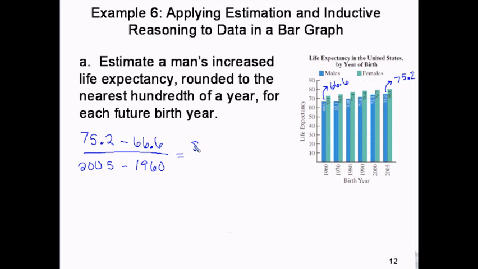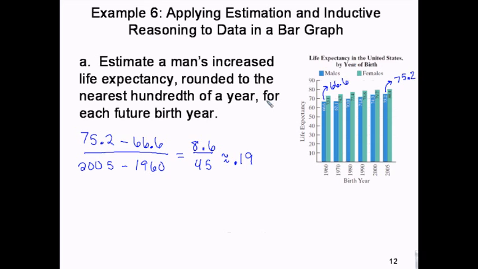That's going to give me 8.6 over 45. So a man's life expectancy increases by approximately 0.19 years per year.